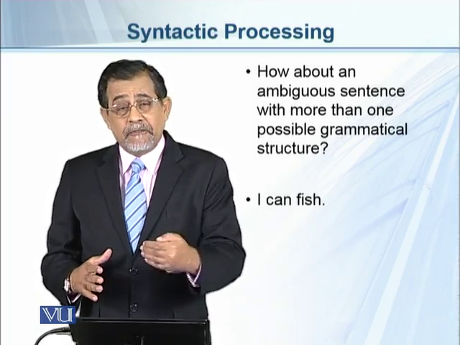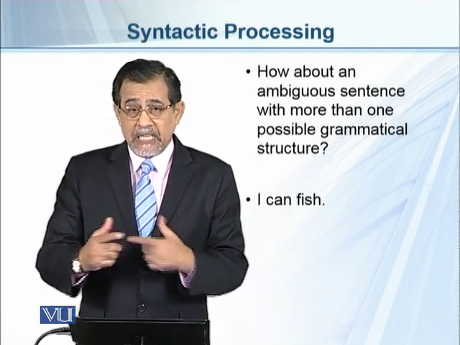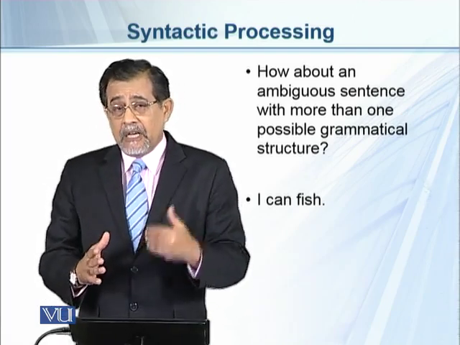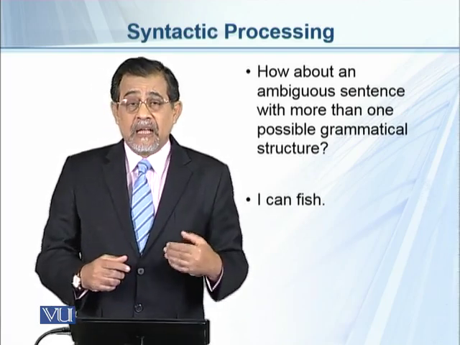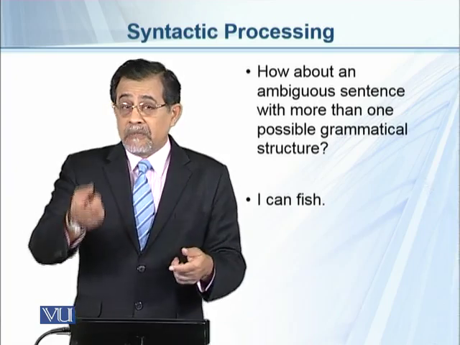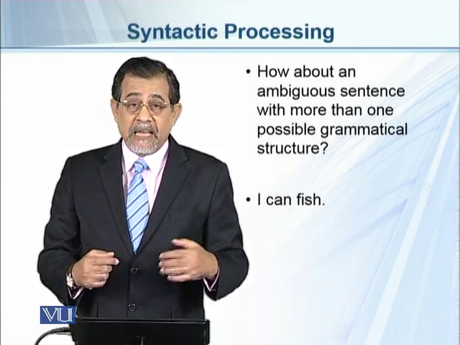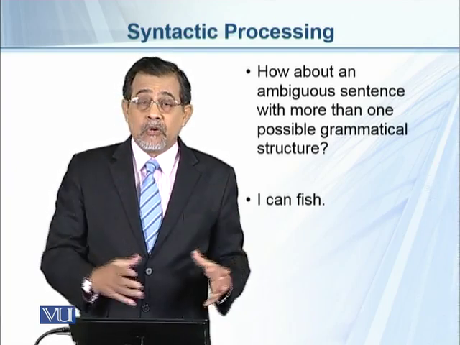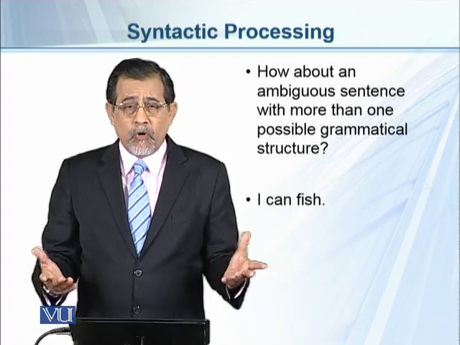I can fish, and I can fish. With the intonation, you can find that this sentence has two meanings. In the first, I can fish means you can put fish into a can, and in the second, I can fish means you can go and look for fish in any body of water.